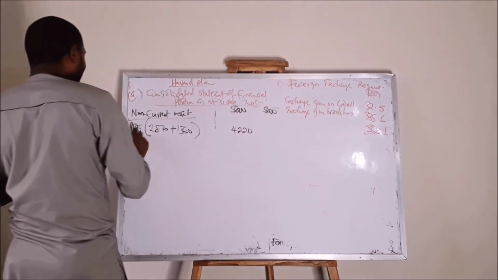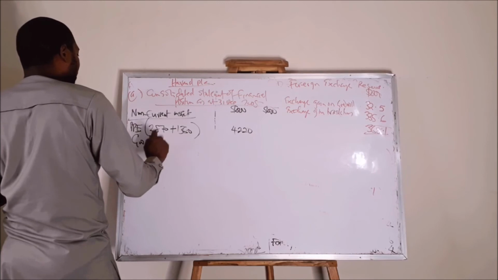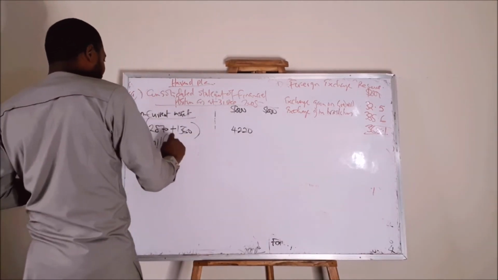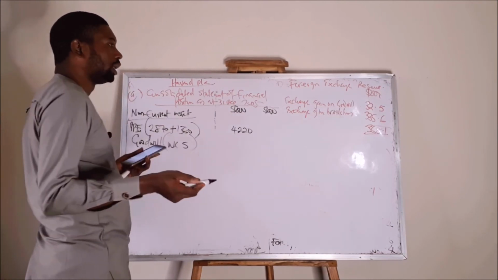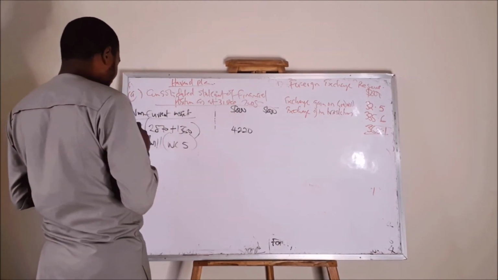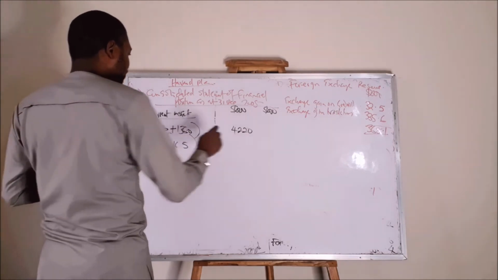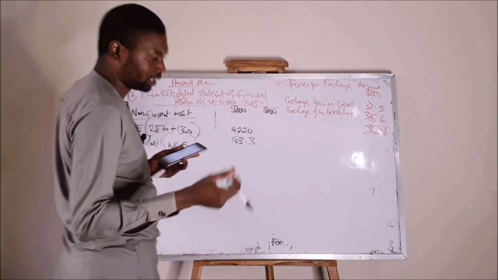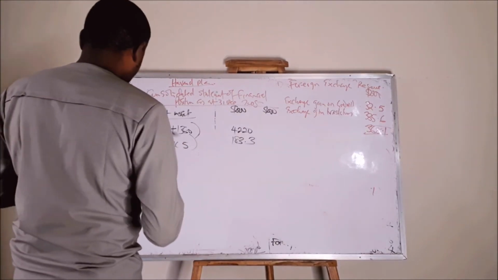Then of course our goodwill, if you go to working number 5, you see our goodwill. And our goodwill, remember, we are using the date of reporting. It's 183.3. Then that's that.